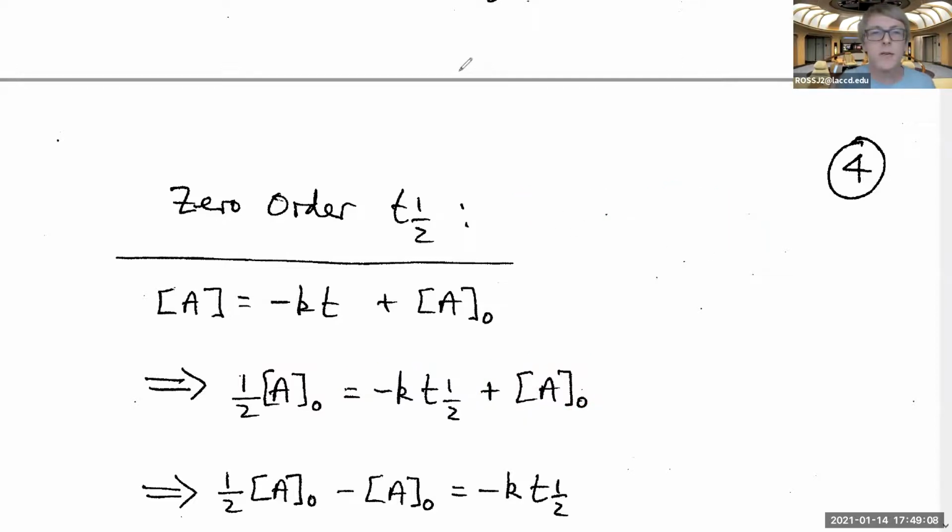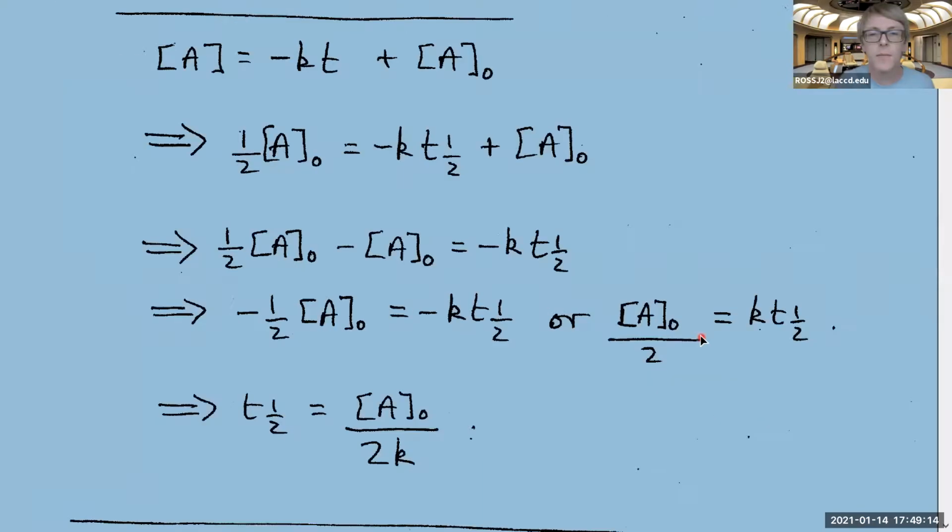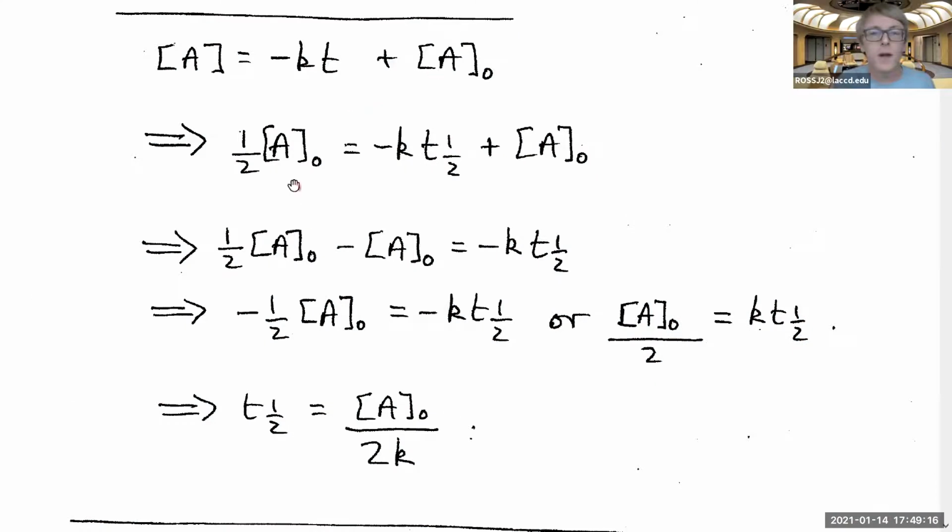So let's scroll down and see that. Okay, so 1/2 of something minus a whole thing just becomes a negative 1/2 of something. So we have a negative 1/2 A0 equals minus kt1/2. We can multiply both sides by positive 1 to get rid of these negative signs.